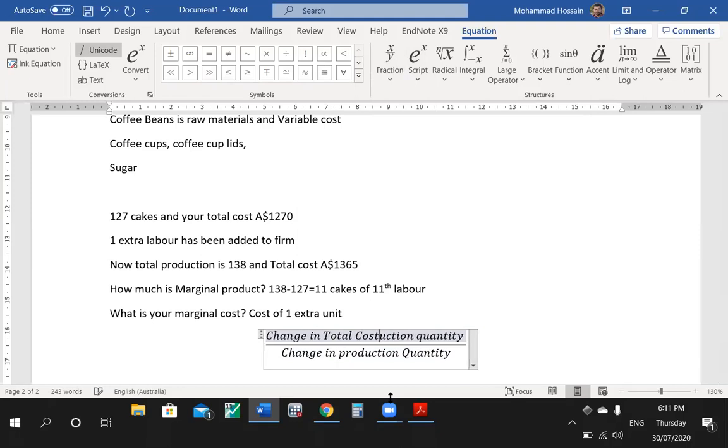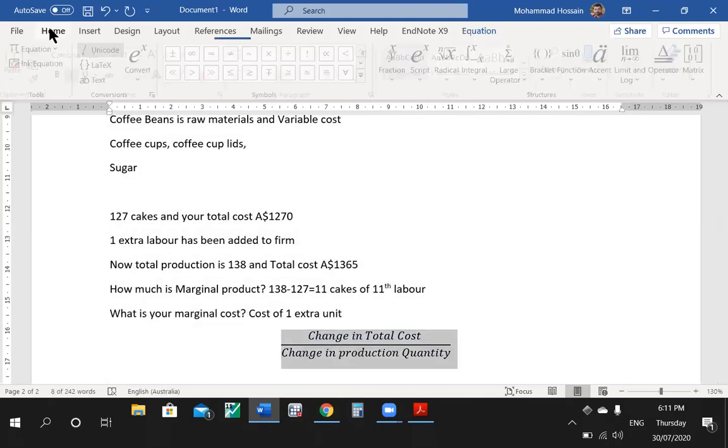This is the formula: change in total cost divided by change in production quantity. That's your formula.